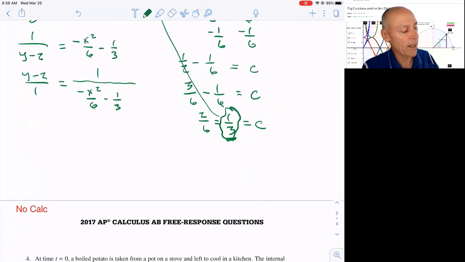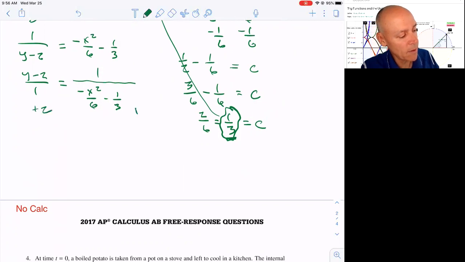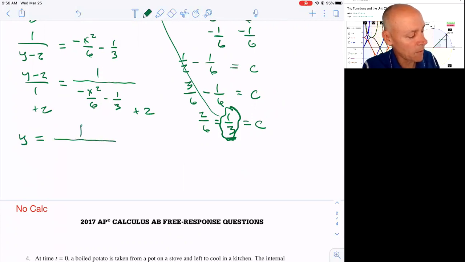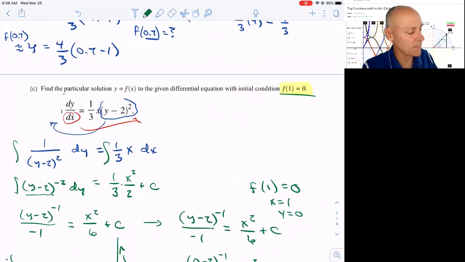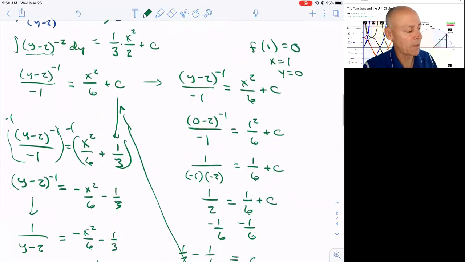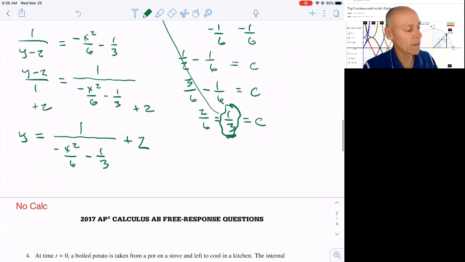And my last step is I want to add 2 to both sides. So plus 2, plus 2. I'm going to get y is equal to 1 over negative x squared over 6 minus 1/3, plus 2. Okay? And there is my particular solution, y equals f of x, for that differential equation with the initial condition f at 1 is equal to 0.